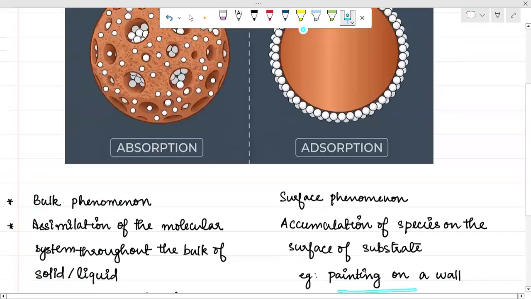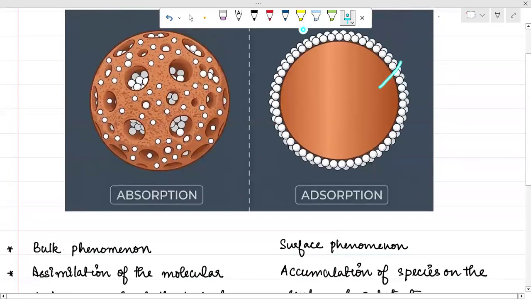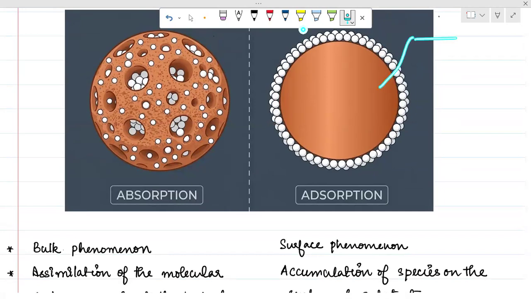The surface adsorption increases to a point and then attains equilibrium, and we'll talk about this in detail through different laws. So I hope you now understand the difference between absorption and adsorption, and this is what we have to carry forward. Whenever you talk about adsorption, there are two components.